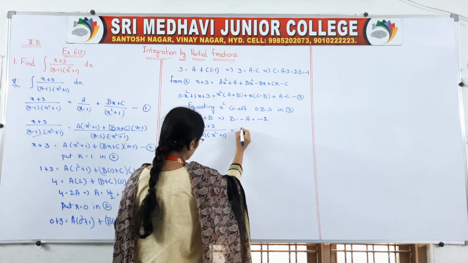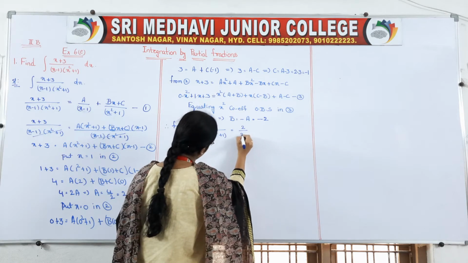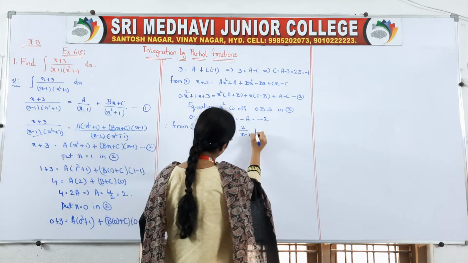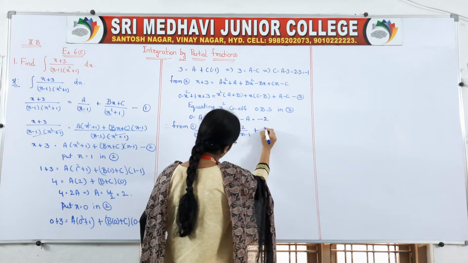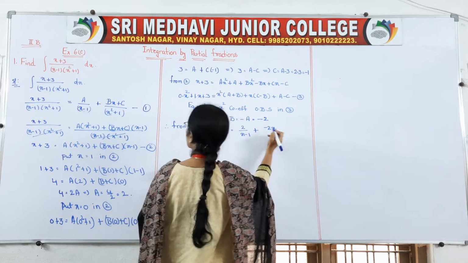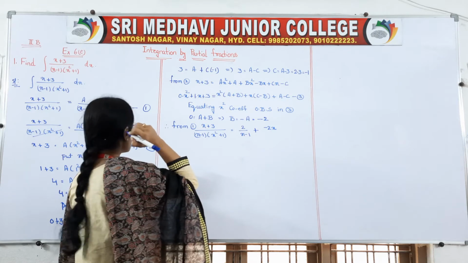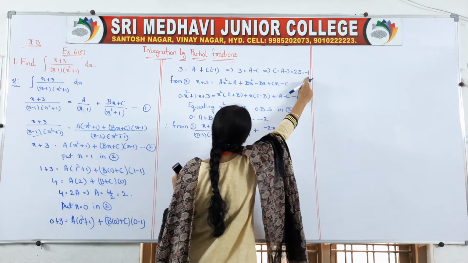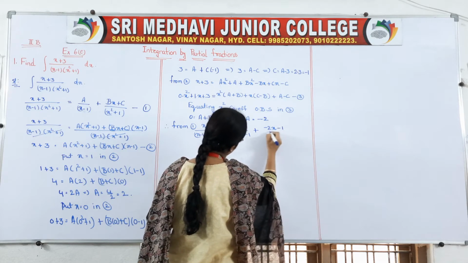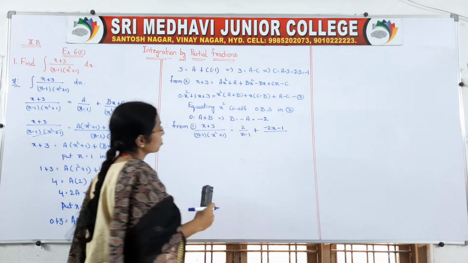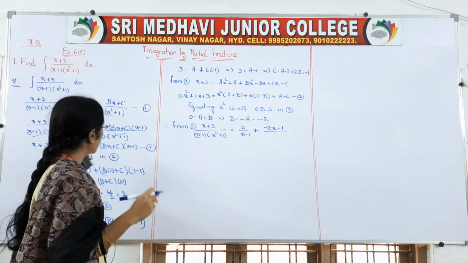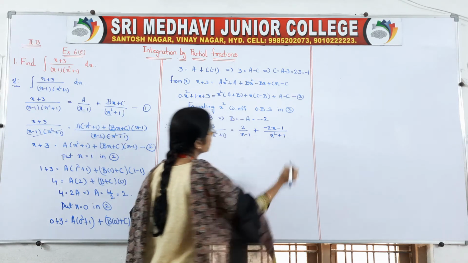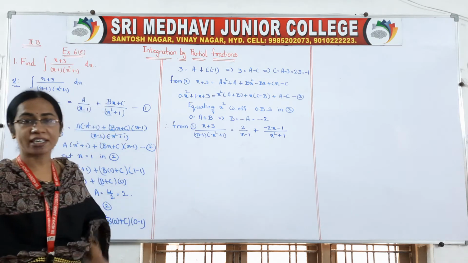A is 2, so 2 by x minus 1. Next, plus bx. b is minus 2, so minus 2x plus c. The c value we got is minus 1. So bx plus c means minus 2x minus 1 by x square plus 1. Now you take the integral of this.